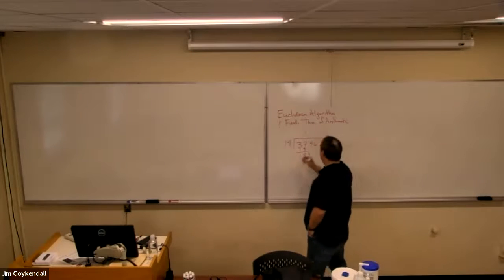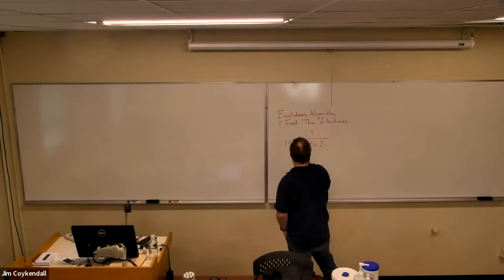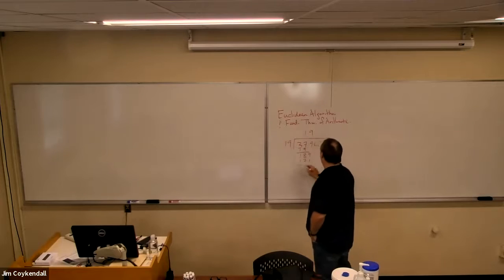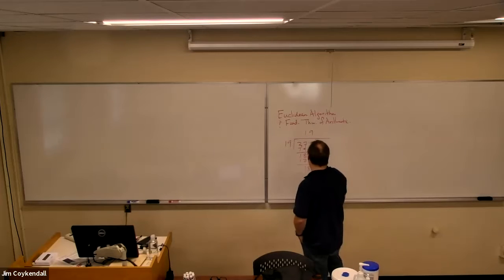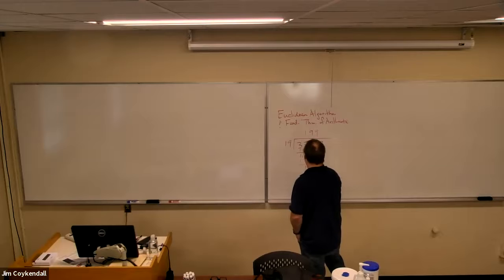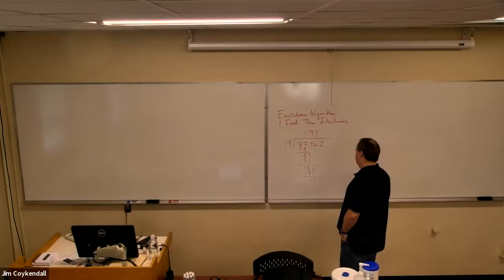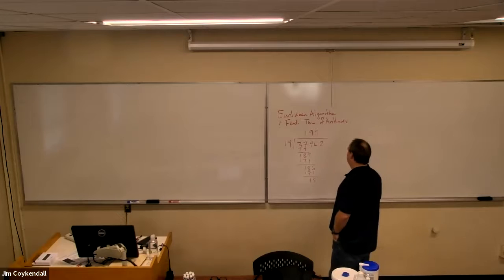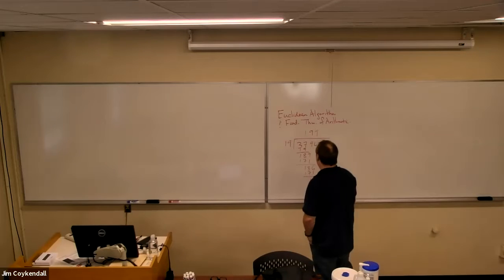This has got to go in 9 times, right? That was 18. Wow, that's pretty serious. 6. Looks like it goes in 9 times again. Now it's down to 15. Yeah, that's right. And finally 152.